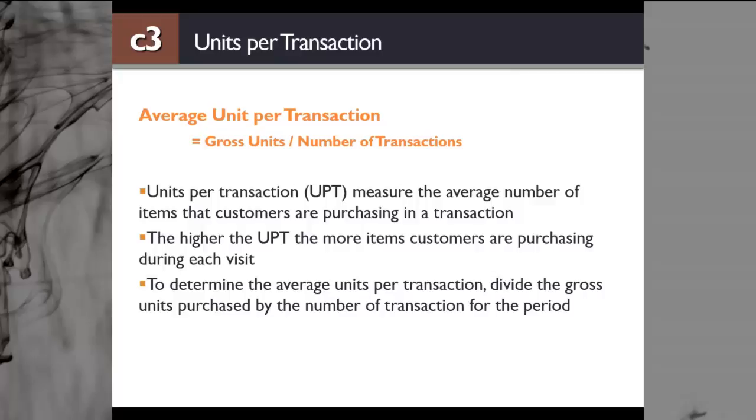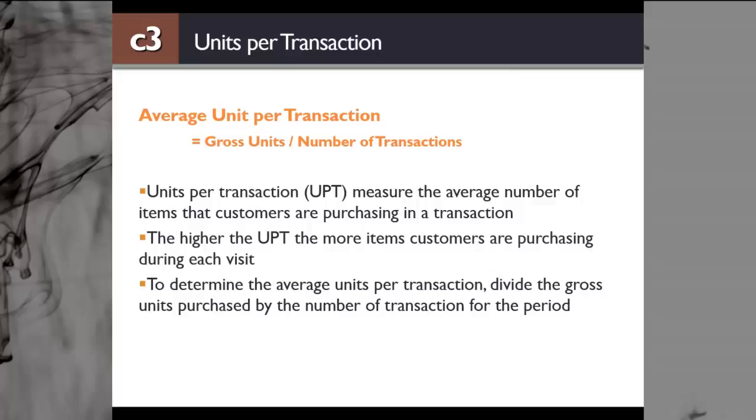Average units per transaction can be calculated by the gross units divided by the number of transactions. This unit per transaction, also called UPT, measures the average number of items that customers are purchasing in a transaction. So you can tell how many units you sell in each transaction.